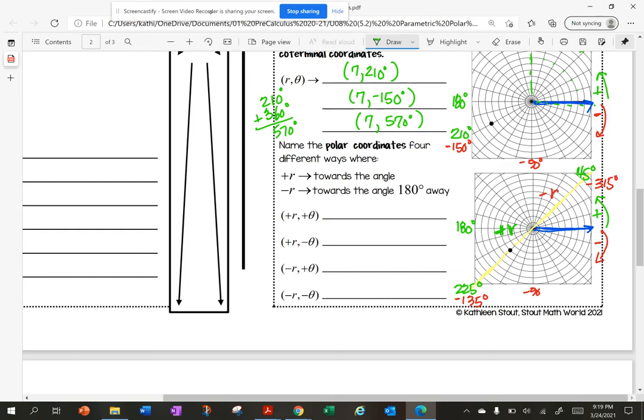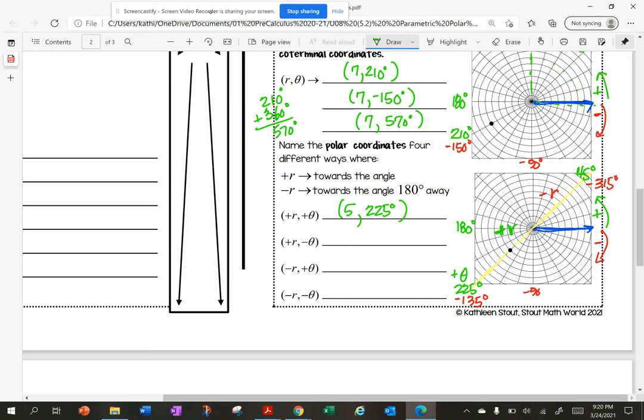So let's start out with the positive R, counting out how many rings. My radius is going to be 1, 2, 3, 4, 5. So I know R is 5. So in the positive direction, it's 5, and this is my positive theta. So this is 225 degrees, and we're working in degrees.